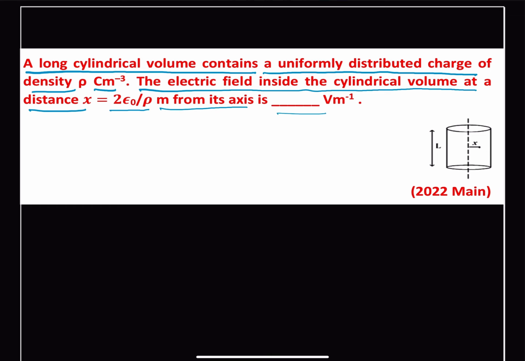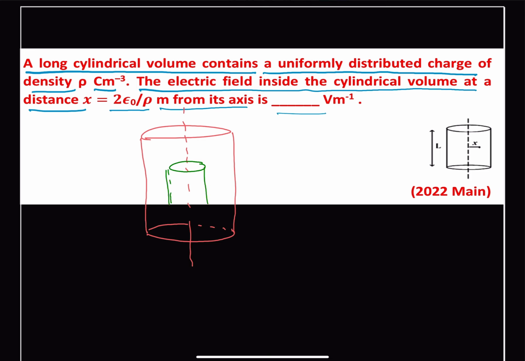So let us consider a Gaussian surface, and we have our cylinder. So this is our cylinder and the axis, and inside it we consider a cylindrical Gaussian surface. The radius is our x, and suppose its length is h.